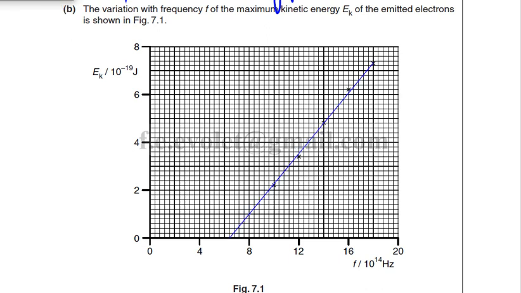As it is a straight line, we compare it with the standard equation y equals mx plus c, and a similar equation in this case is kinetic energy Ek equals hf plus negative of phi, where phi is the work function and h is the Planck constant.